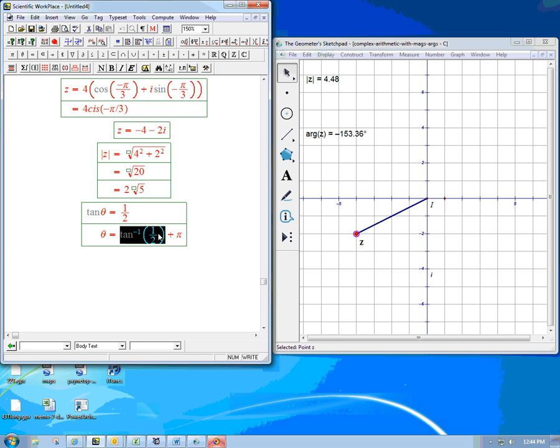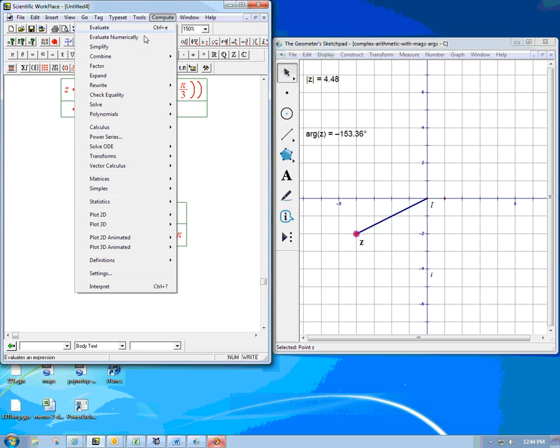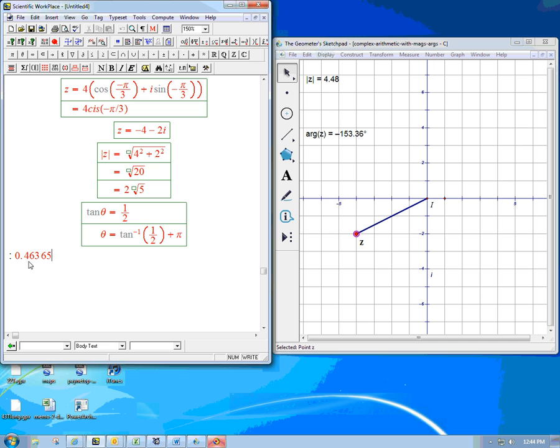Let's actually calculate this numerically. That's 0.5, about half a radian. That's somewhere in here. It's positive, and certainly not bigger than pi. So we have to add pi to that. Let's go ahead and add pi and compute numerically again. Okay, so that's the actual radian value.